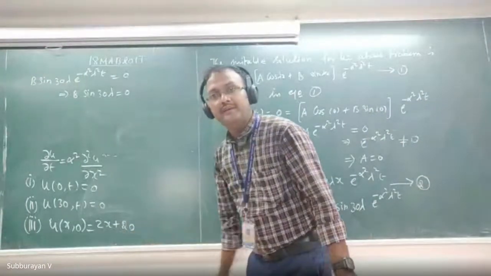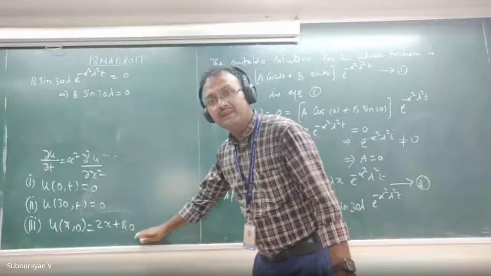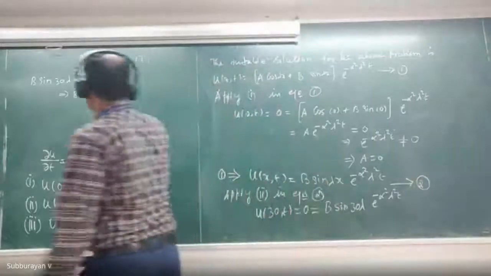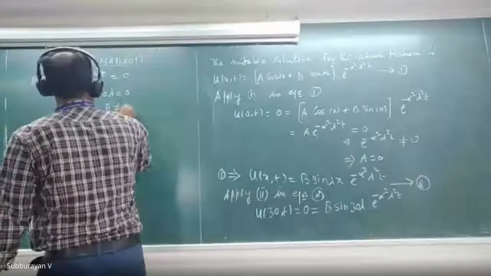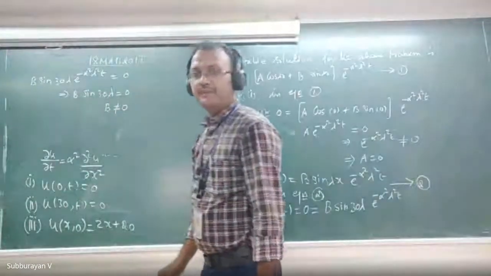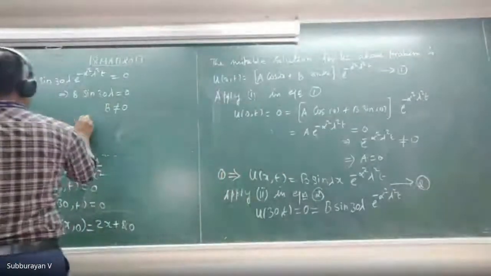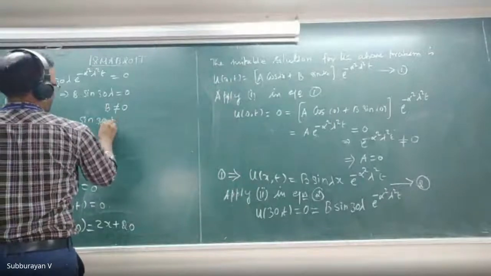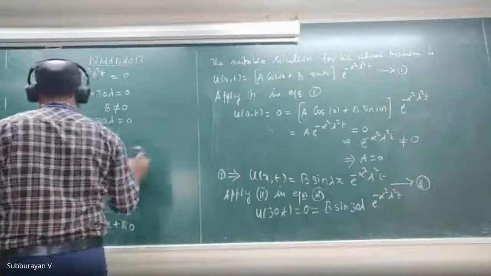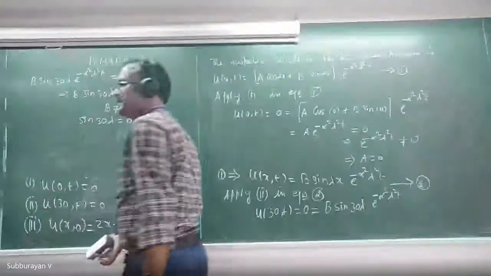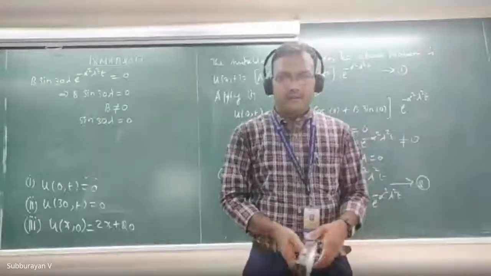Therefore, b should not be 0. If b is not equal to 0, then sine 30 lambda must be 0.